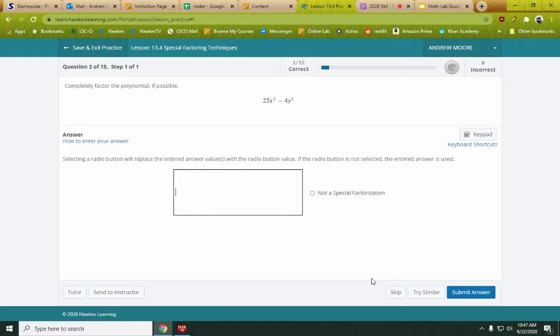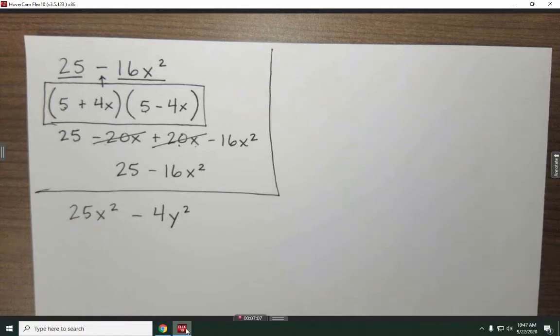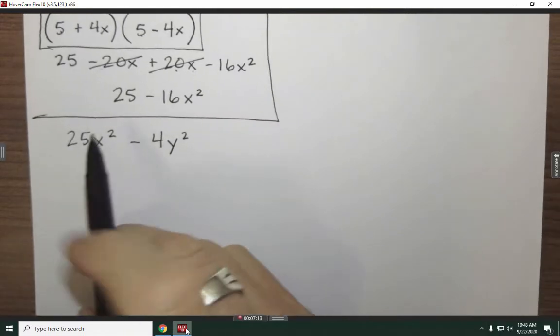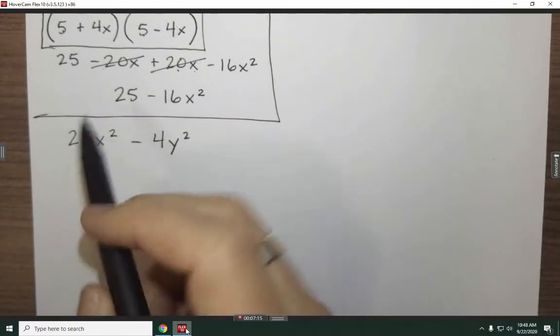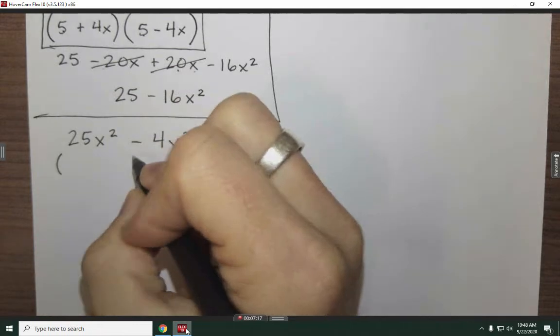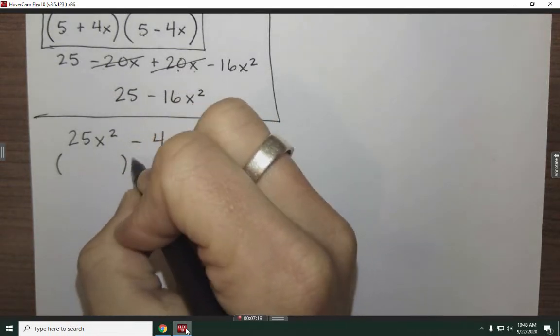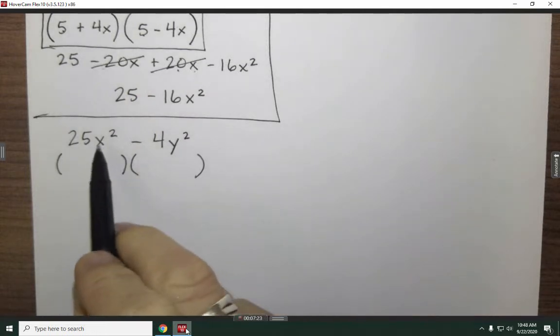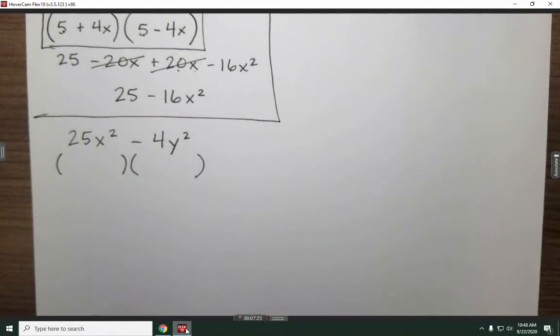Okay, next is completely factor the polynomial. We have 25x squared minus 4y squared. Once again, we look at our list, and we notice that 25 is a perfect square, and 4 is a perfect square, and also x squared and y squared are perfect squares.